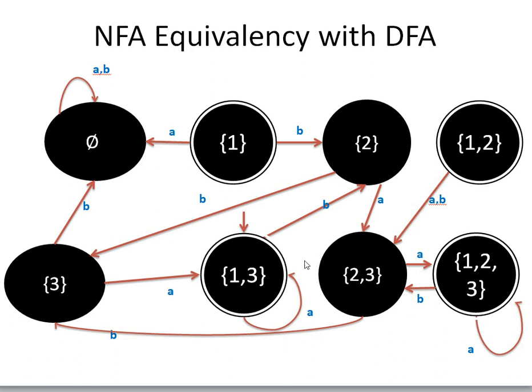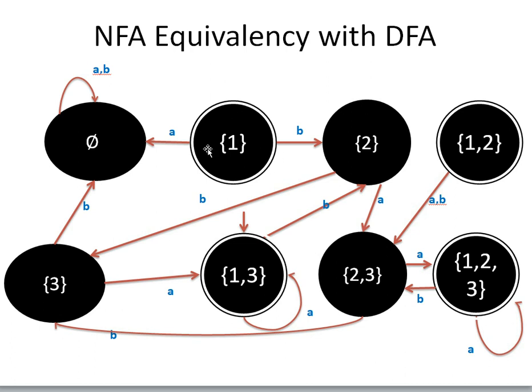So now we start drawing the transitions based on the union function. What we're going to do is start one at a time.